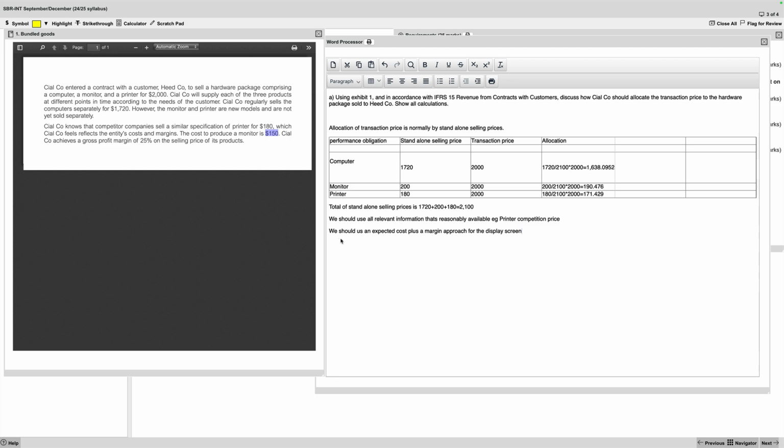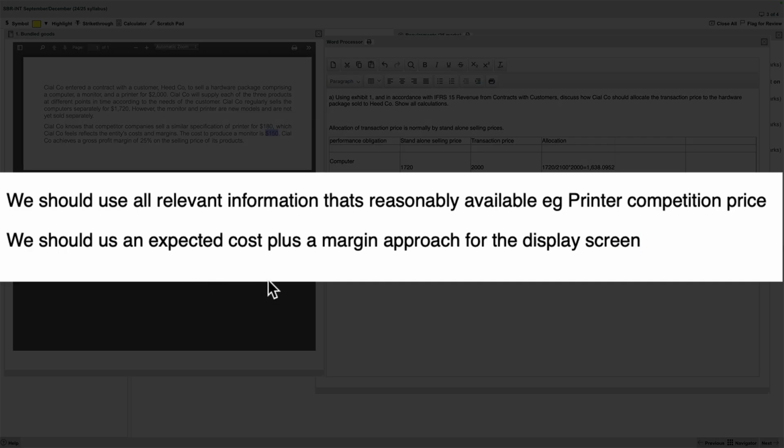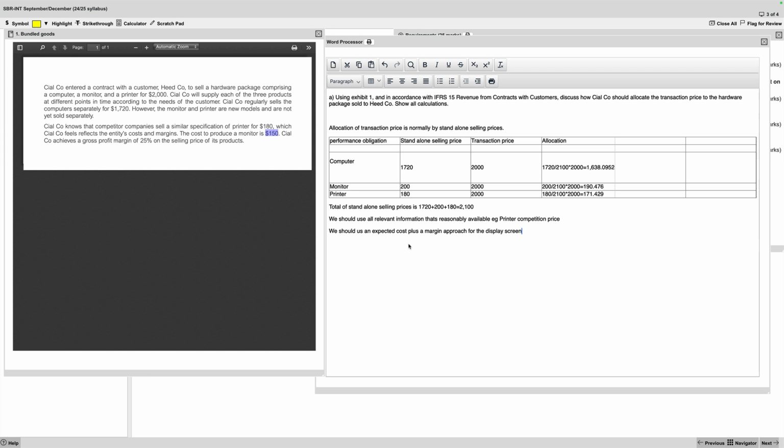Okay, and we should use an expected cost plus a margin approach for the display screen, so something as simple as that. There you go, 8 marks, really straightforward. The examiner did say that this was very well answered because it's actually not that technical.